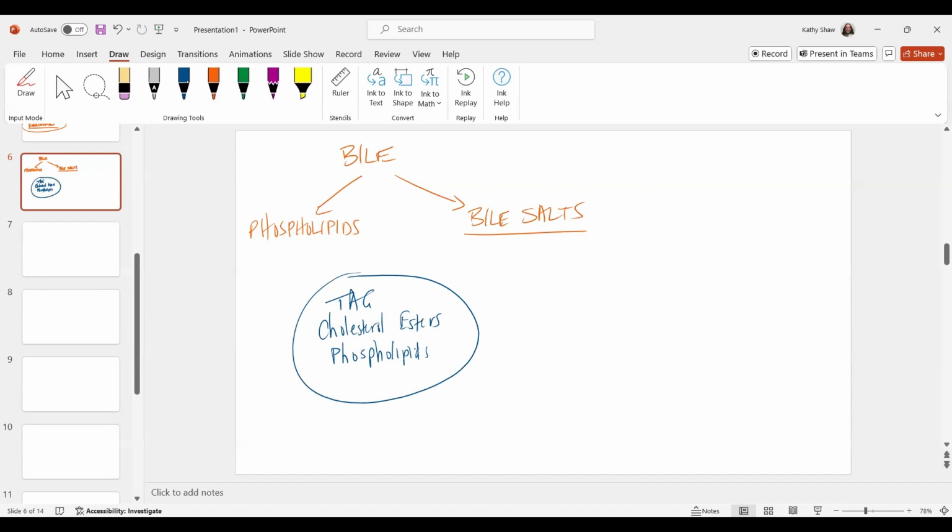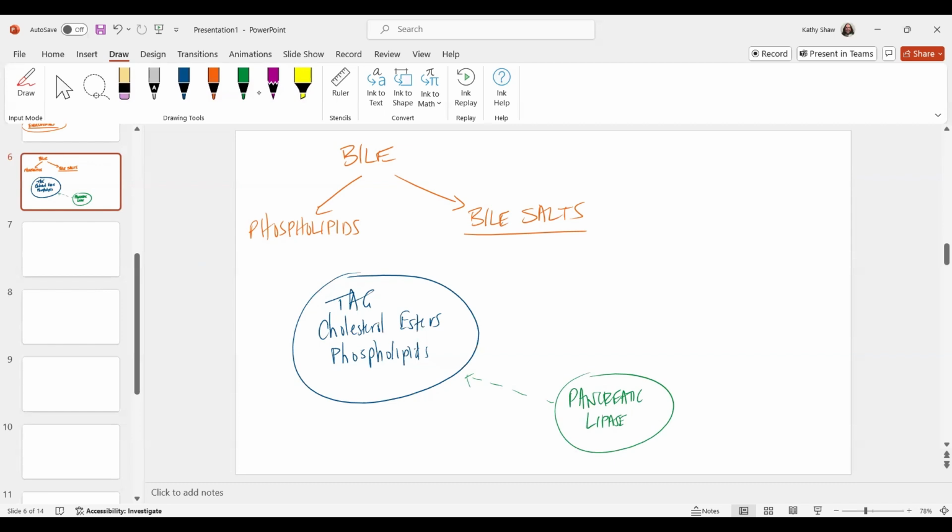And it's floating around in the intestinal chyme. And the chyme is a watery kind of solution. So I have pancreatic lipase hanging around. What pancreatic lipase would like to do is get in there and start breaking these molecules down. The only problem is because of this big fat globule, it doesn't really have enough surface area to work.